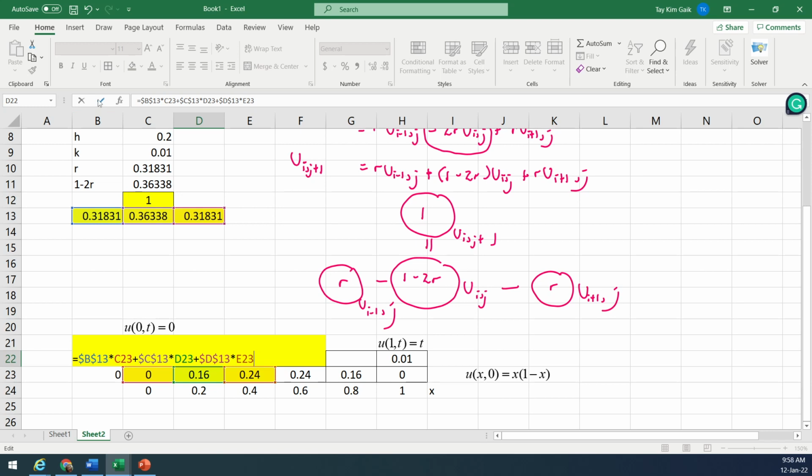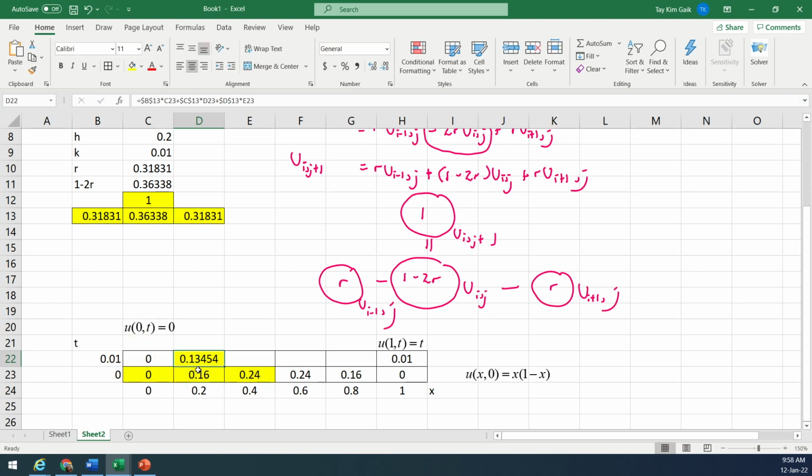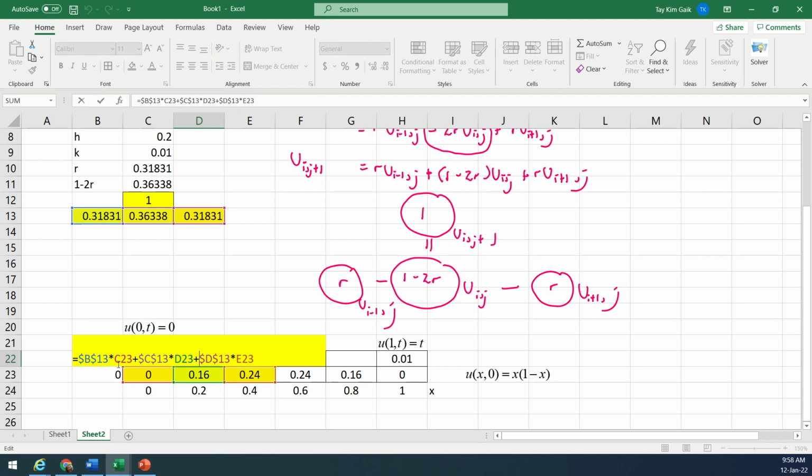21, 22. Let me check back. We'll key in D22, bottom is row 23, C, D, E. Here C is left, D is center, E is right.